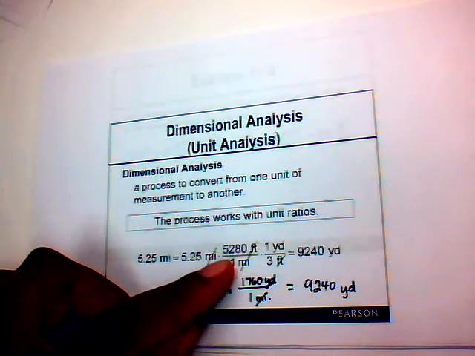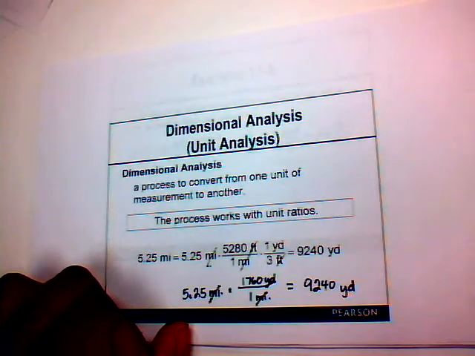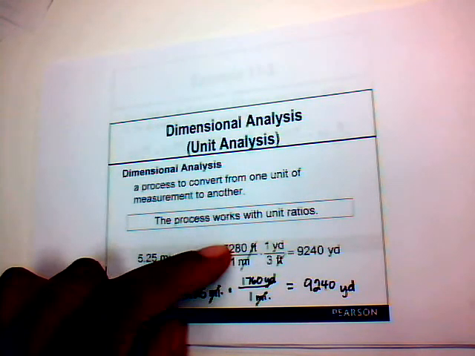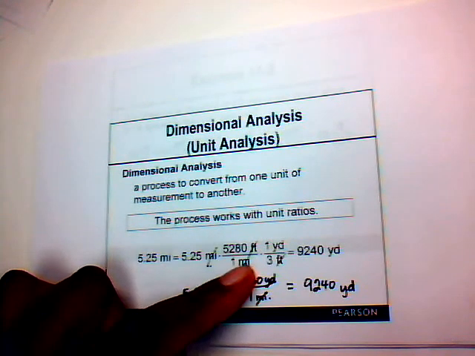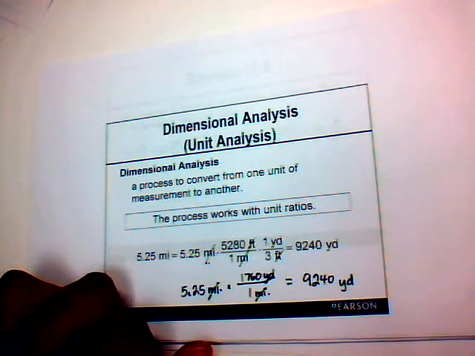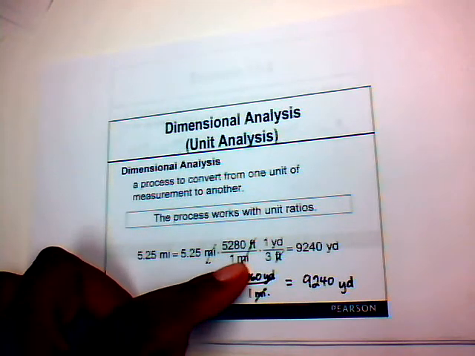We're converting from miles, so the miles will be in the denominator, feet will be in the numerator, and their respective equivalencies will be in their proper place. The 1 would go with the miles, because 1 mile is 5,280 feet, so we put the 5,280 with the feet. That way these miles will divide out.